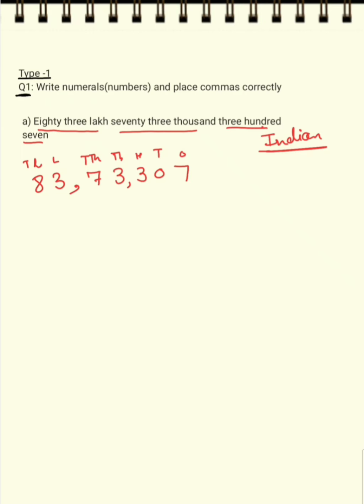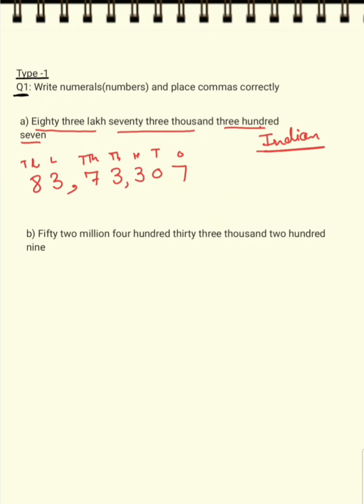Let me take one more example over here. Now this is 52,433,209. So what system is this? This is the international system of numeration.